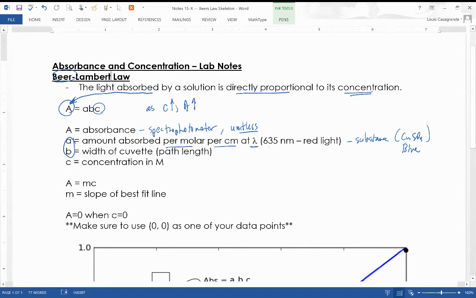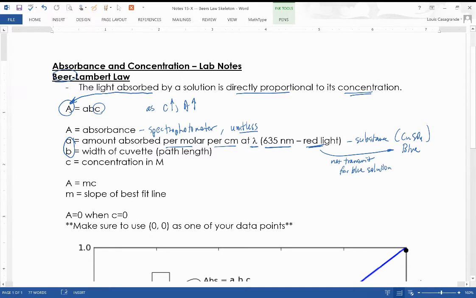And so for our lab, we're going to choose 635 nanometers as the wavelength at which we make our absorbance measurements. That's going to be red light, and obviously red light won't be transmitted for a blue solution, and instead of being transmitted, it will be absorbed.